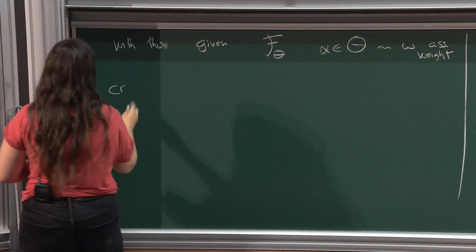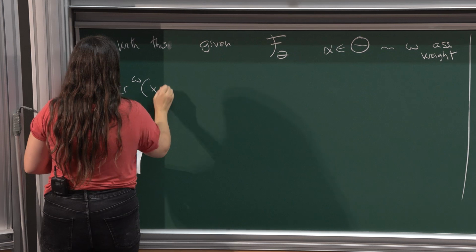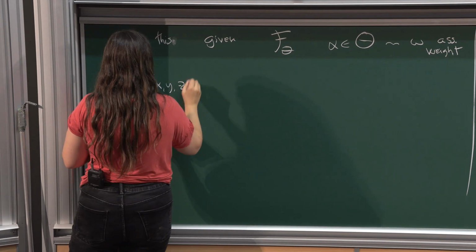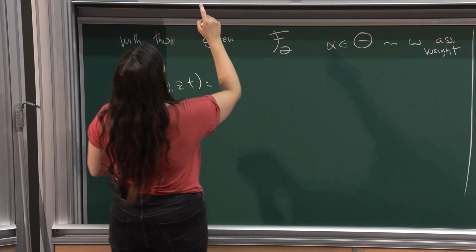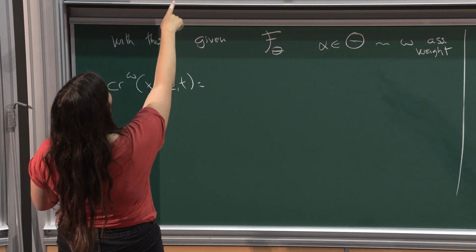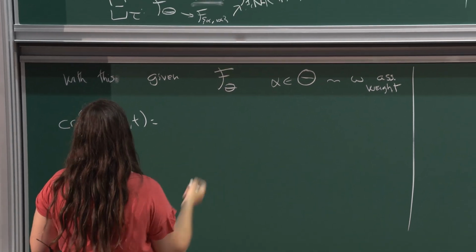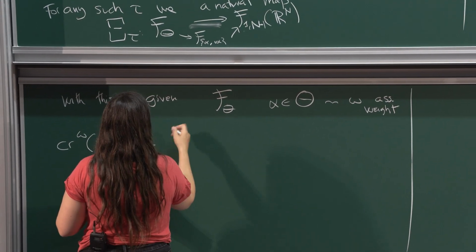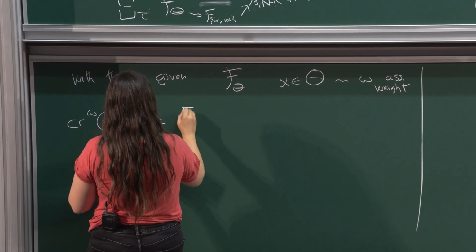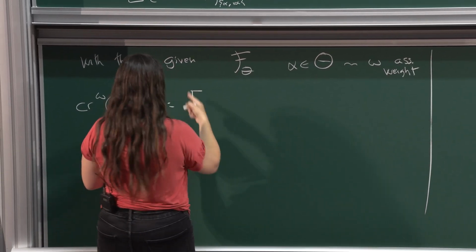We define the cross ratio omega of x, y, z, t to be the cross ratio that I had up there, which I wrote sometimes with these brackets.